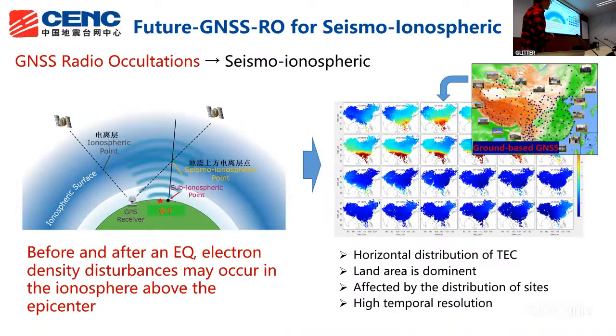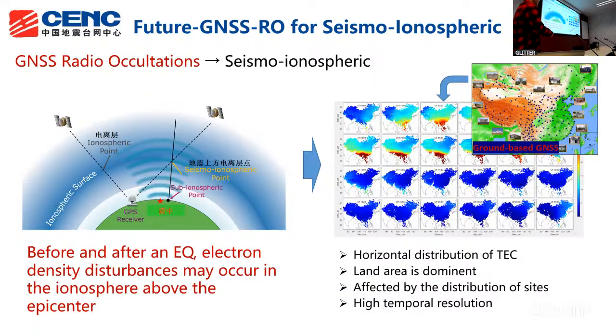And second, for the earthquake, for now, most of the research with the TEC, the seismologists think that before and after an earthquake, especially a big earthquake, electron density disturbance may occur in the ionosphere above the epicenter.